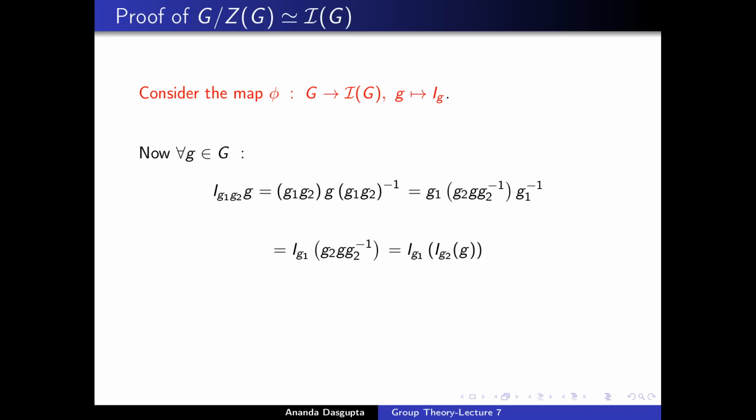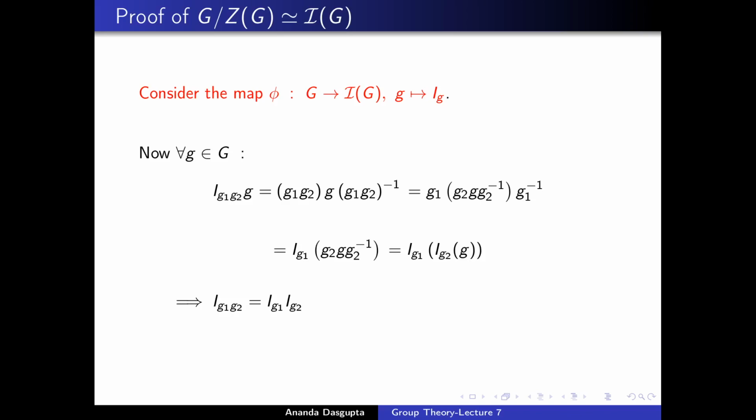So since this works for all g, it immediately follows that I g1 g2 is I g2 followed by I g1. Remember, two maps following each other is exactly the multiplication rule when the elements involved are maps. They actually multiply, quote unquote multiply, by composition. So what we have managed to prove here is phi acting on g1 g2 is phi g1 times phi g2.